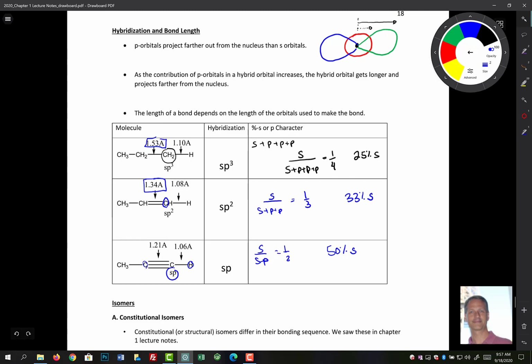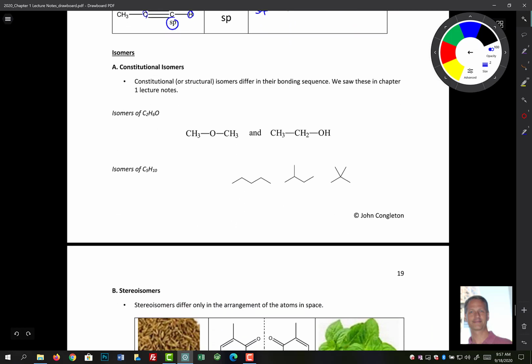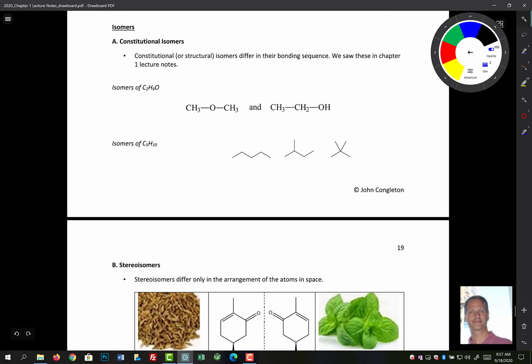Okay. Now the last thing to talk about here is isomers, and it's just some naming stuff that's going to show up. Now we've seen constitutional isomers before in this lecture. We looked at the isomers of C2H6O, where we have dimethyl ether and ethanol here, and then we saw the isomers of C5H12.